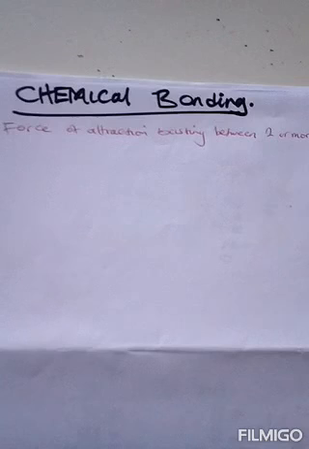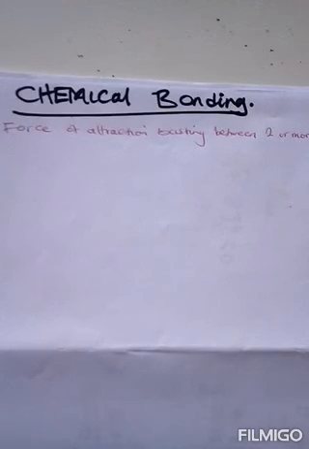How is a bond formed? In the earlier videos, we looked at valence, we looked at ions, we looked at electronic configuration. So we have to know how bonds are formed.